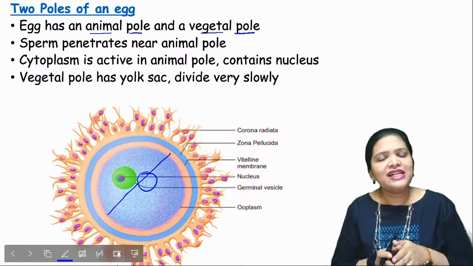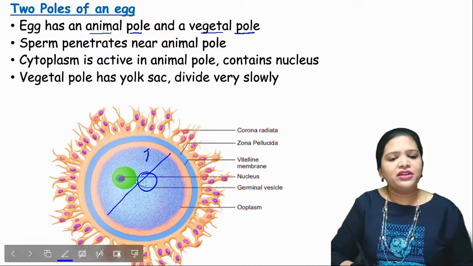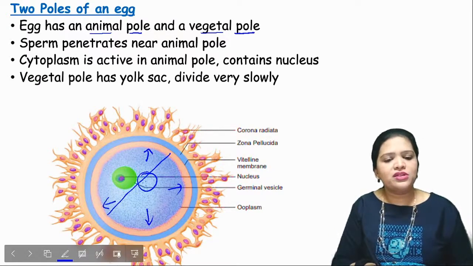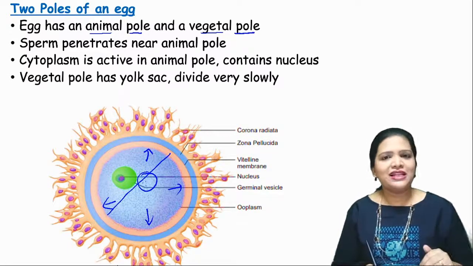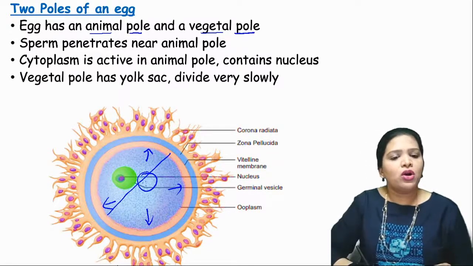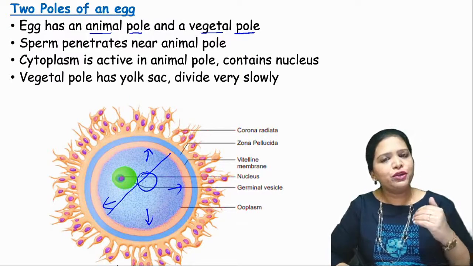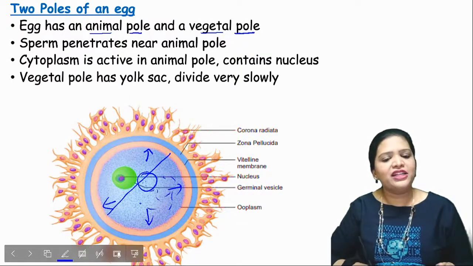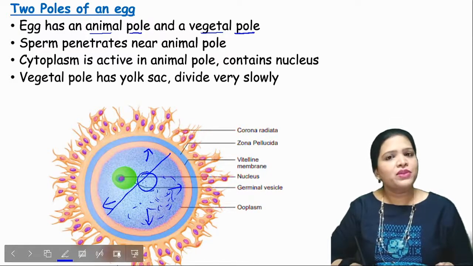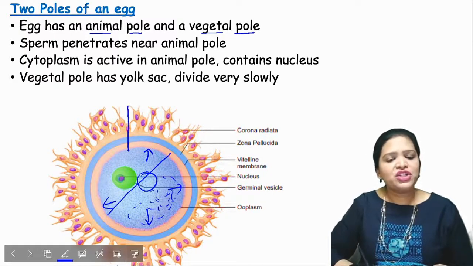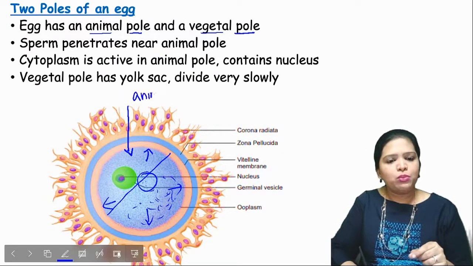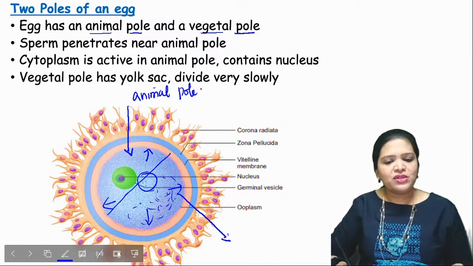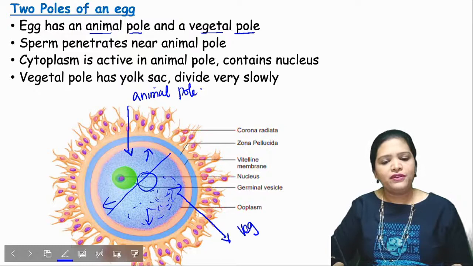This nucleus lies in any one corner, either here, in this corner, or in this corner. Always like this in the egg. Why? Because on one side, if the nucleus is lying, the other side will have the yolk. So the end where the nucleus is lying is called animal pole. And the opposite end where the yolk is present is called vegetal pole.